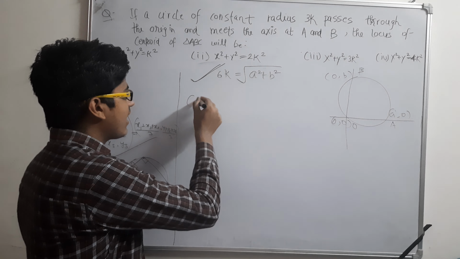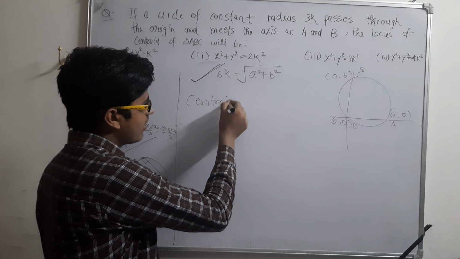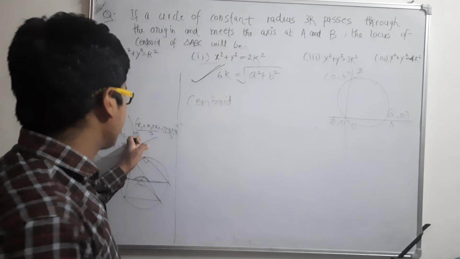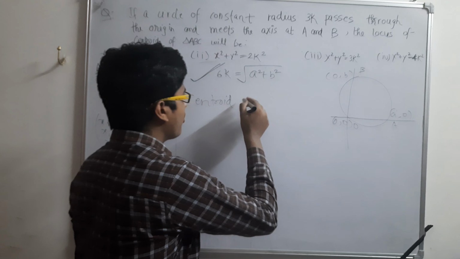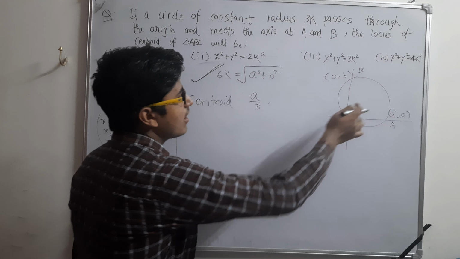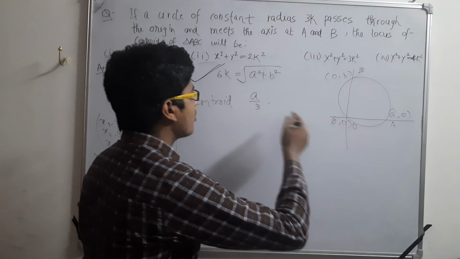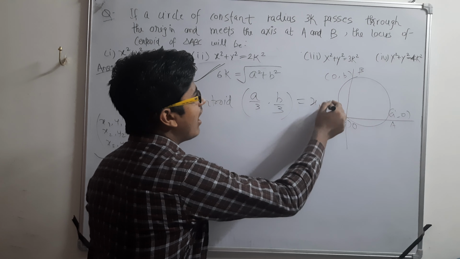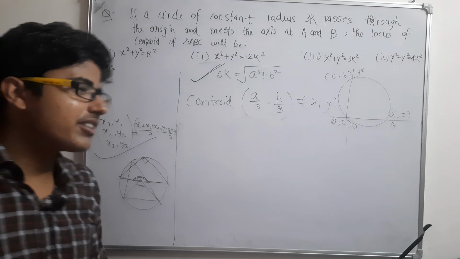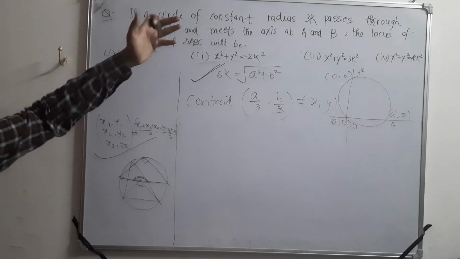So let's write the coordinates of the centroid. The centroid is ((0 + 0 + a)/3, (b + 0 + 0)/3), which is (a/3, b/3). Let's name this (x, y). Why are we naming this x and y? Because we have to find the locus of this only.